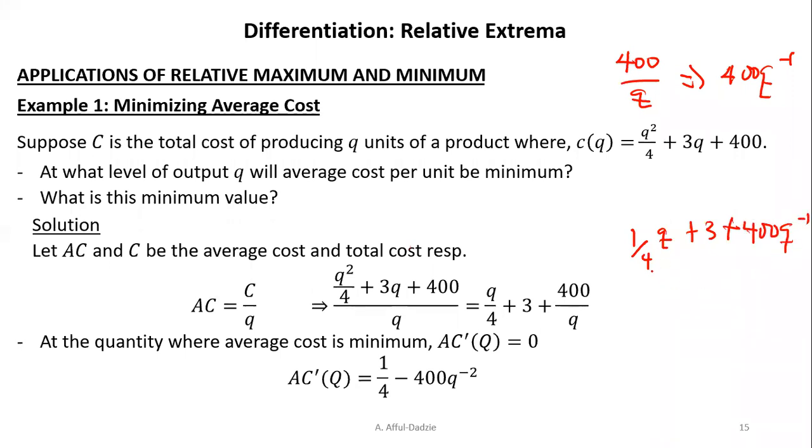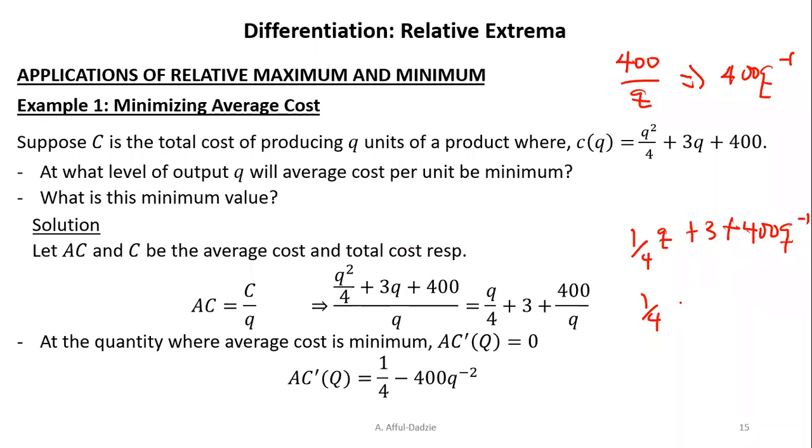Once you have this, you can easily differentiate this. So let's start. The derivative of 1/4Q is 1/4, because the power 1 will come and multiply this, and 1 minus 1 goes away. Then this 3 will go away because it's a constant, and when you take the derivative of a constant, it goes away. Perfect. Now, the next one is to take the derivative of this.